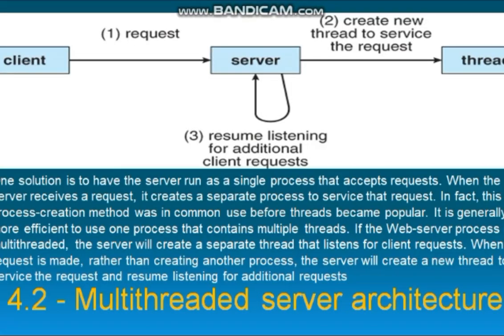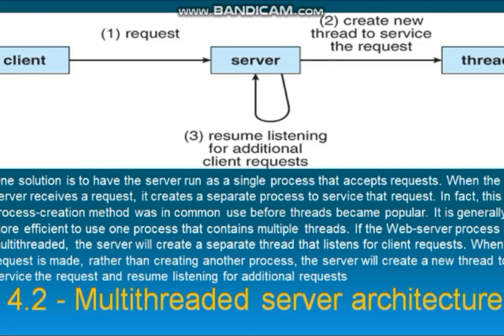For the explanation of multi-threaded server architecture, one design is to have the server run as a single process that accepts requests. When the server receives a request, it creates a separate process to service that request. In fact, this process creation method was in common use before threads became popular. It is generally more efficient to use one process that contains multiple threads.